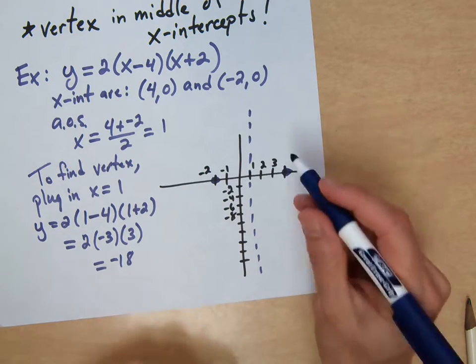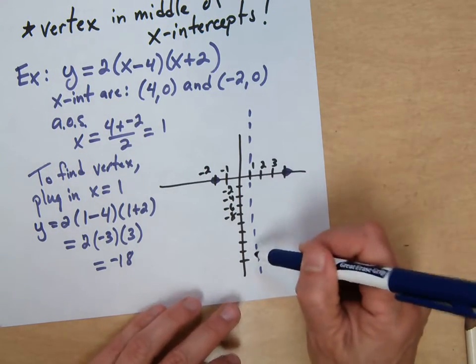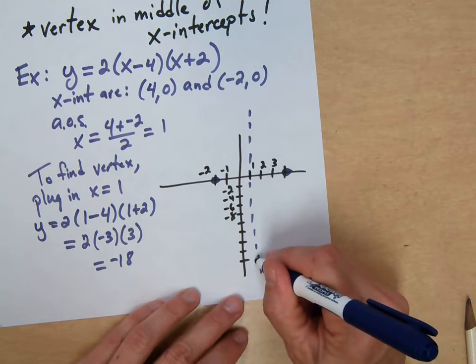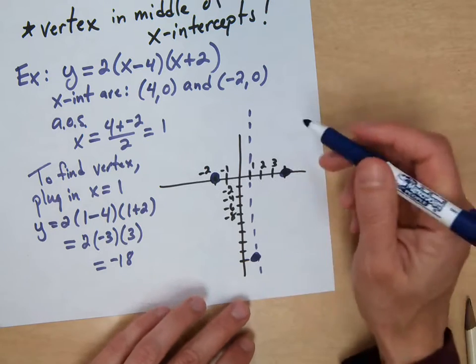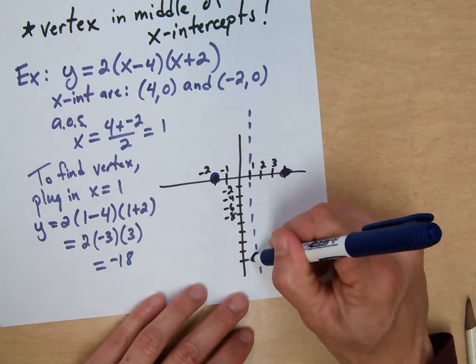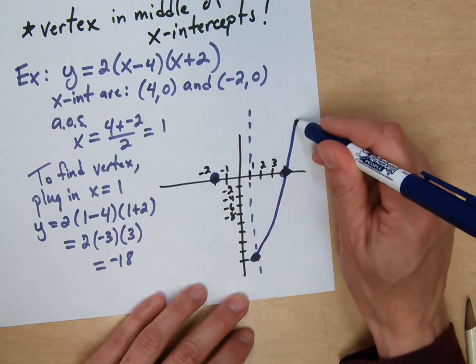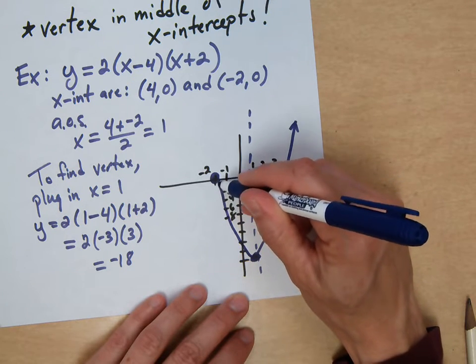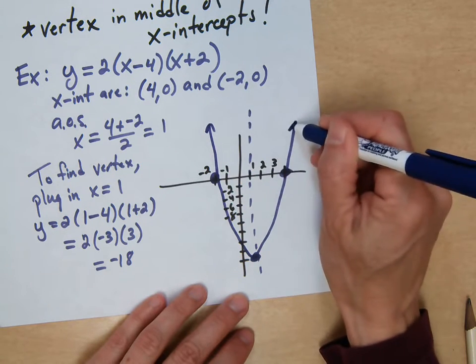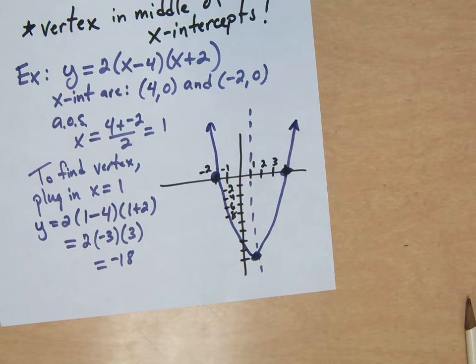So (1, negative 18) is down here. So here are our 3 points, and we're ready to graph it. Sure enough, it should look a little bit narrower than the parent graph, but there we have it. And that is intercept form.